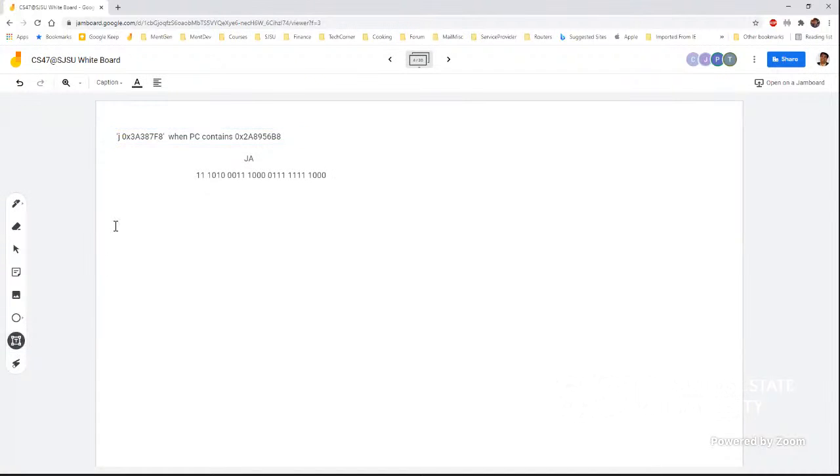It really doesn't matter probably in this example, but PC plus 4 would be 02A8956BC. 8 plus 4 is 12, which is C.